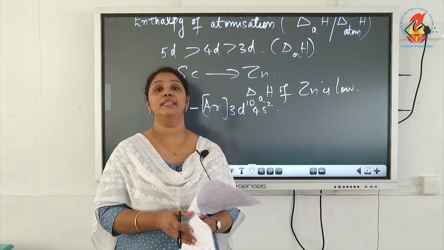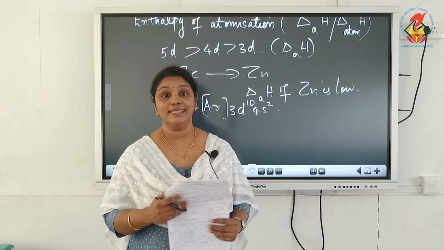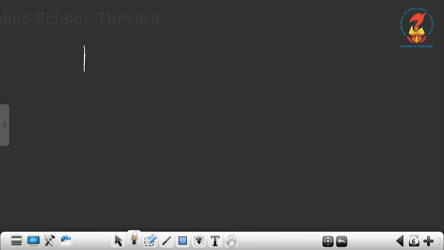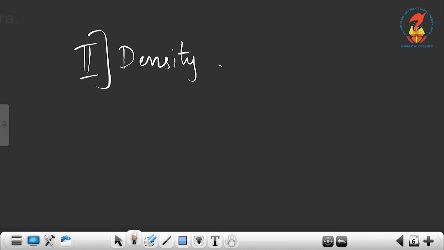Now, the next property that we are going to see is density. So, next is Roman numeral 2, where we have the property density or variation of density. Now, you know the expression for density. Density is equal to mass by volume.